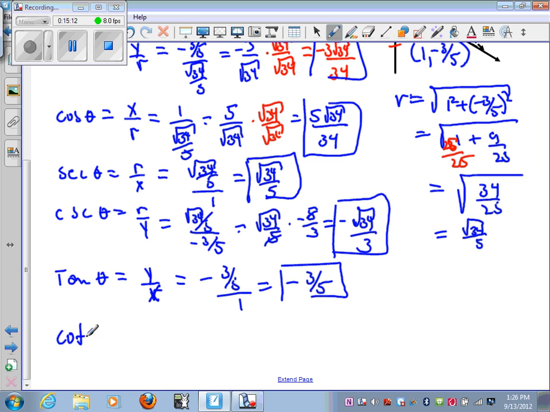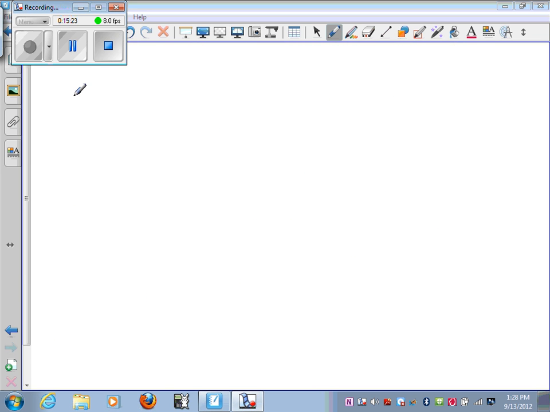And cotangent is the inverse of this one, so that's a -5/3. So that's what that is. 52. Next problem is going to do x minus y equals 0.